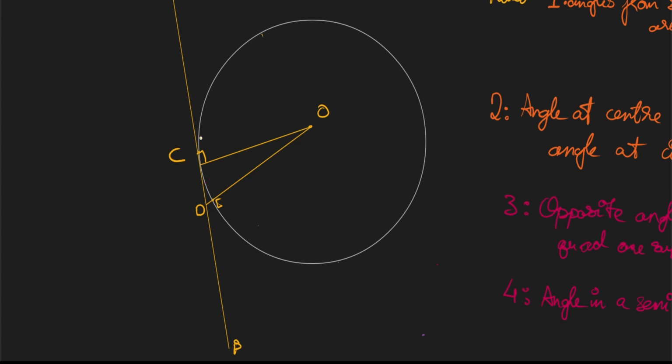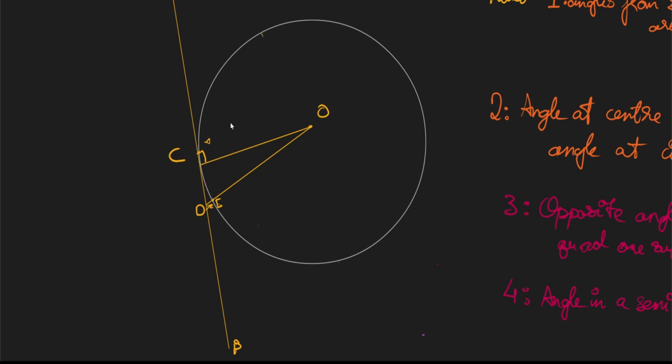But if, let's say, angle ACO was not a 90-degree angle, then some other length would have to be the shortest distance to the circle. That would have to be a 90-degree angle, because that's the shortest distance, because a tangent touches the circle at only one point. So the shortest distance to that circumference is the radius, but any other line to the tangent would result in some extra part, as you can see here, DE.